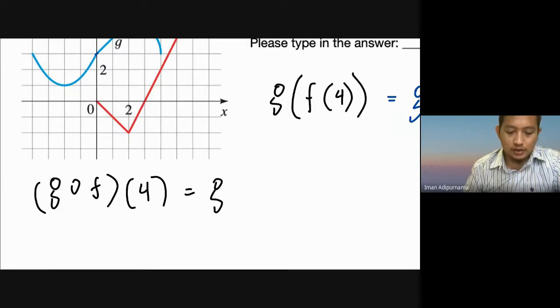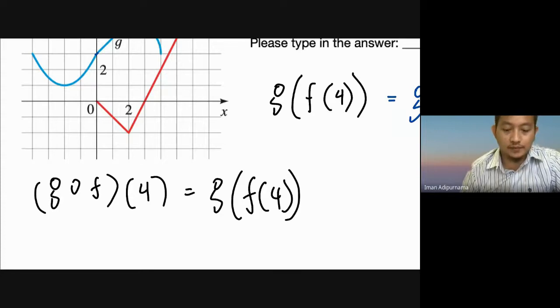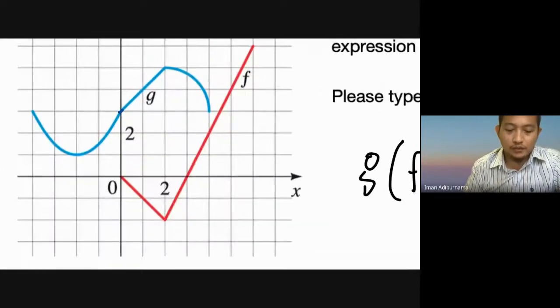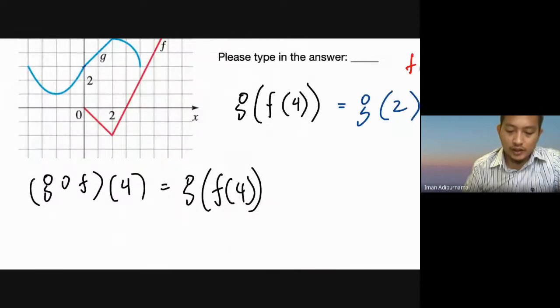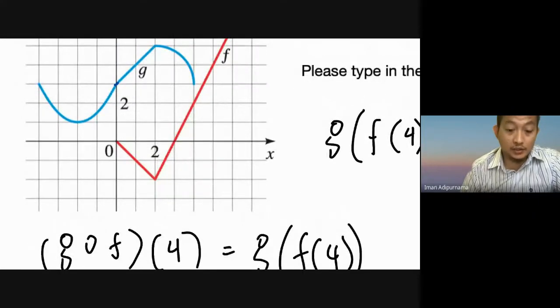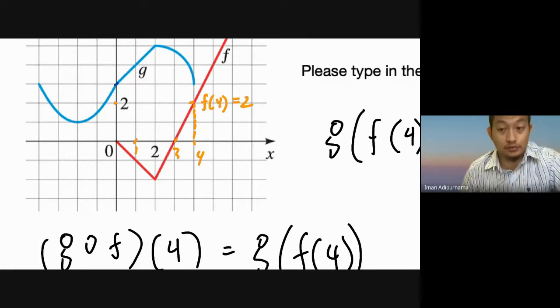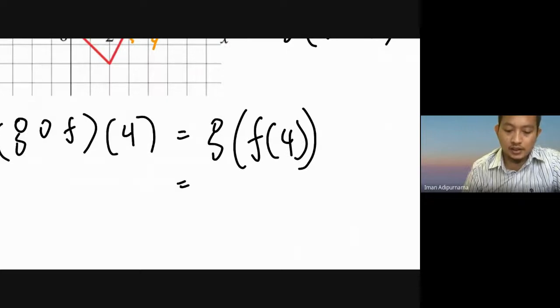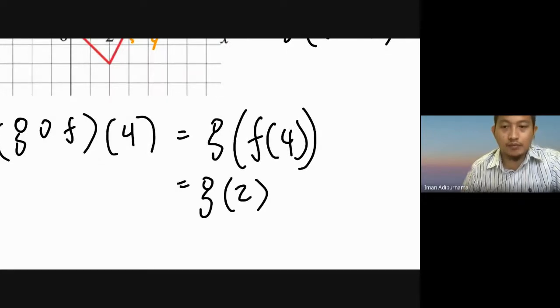This is g, and we have f of 4 inside that function g. We have two functions, f and g. So look at the function f and see when f is at x equal 4. This is 1, 2, 3, 4. 4 is here, so it's going to be here. So f(4) equals 2.